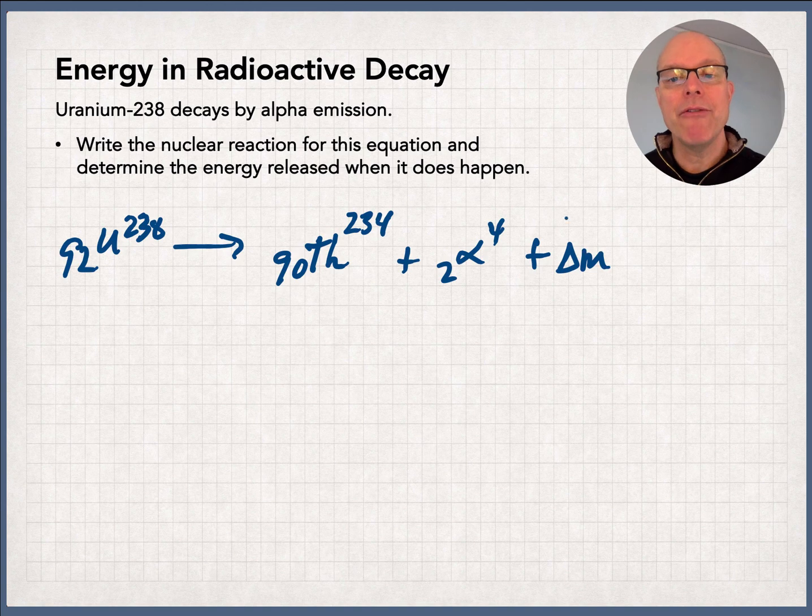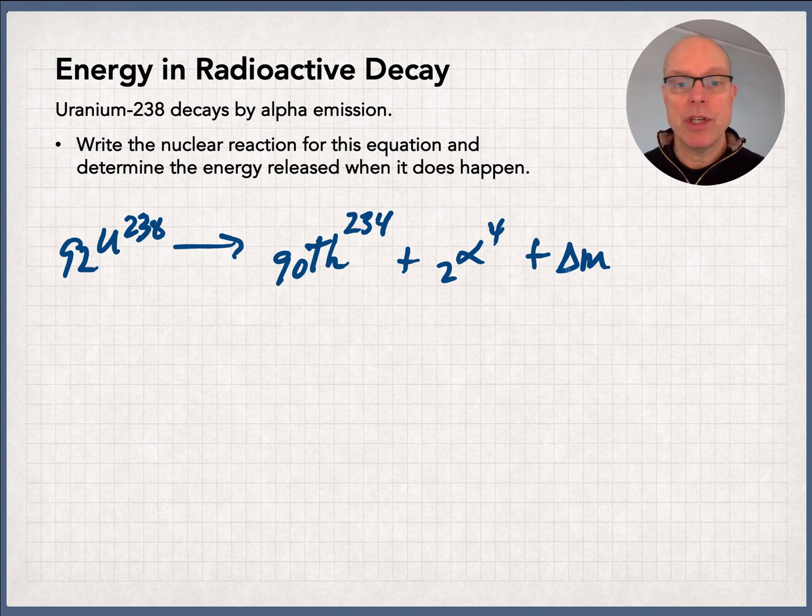Also, if the missing mass is positive, that means in ordinary nature, that's a favored reaction. This is the way it would go if nature had a choice. If this is negative, it means nature won't choose to do that reaction, so it won't go in nature if it's left to its own devices.